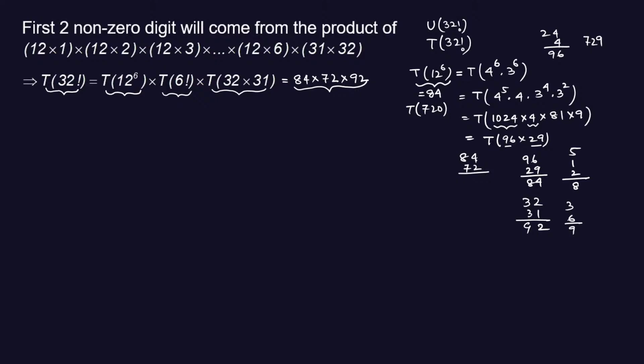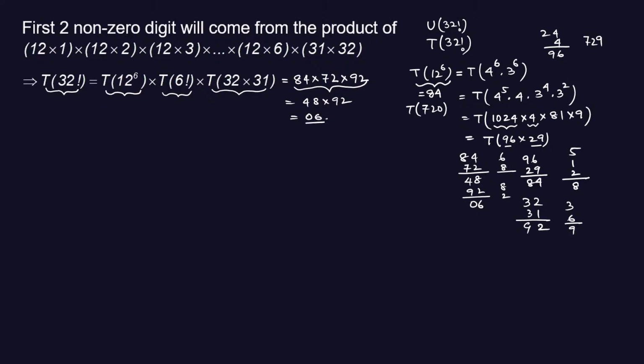That gives us, from this, we are getting 48 into 92. So it's coming to 06. That's it.